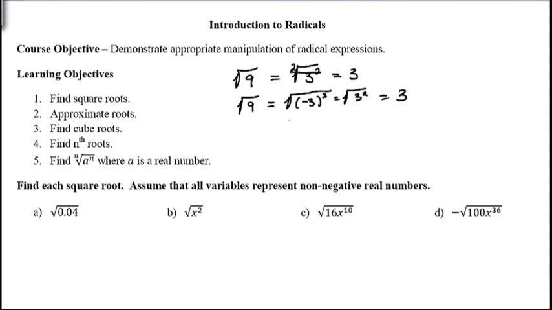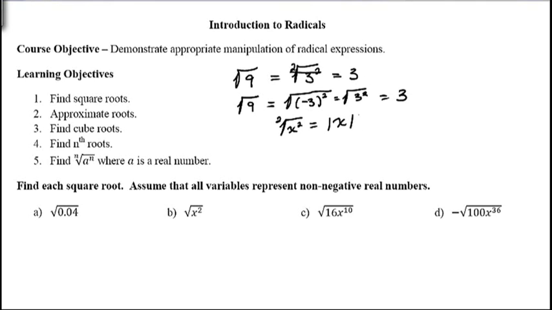So just remember that. And if you have the square root of something like x squared, and they don't say anything about x, that x represents non-negative real numbers, then we would want to make sure that we put that x in an absolute value bar to ensure that when you take the square root of this, it's a positive value and not a negative value.